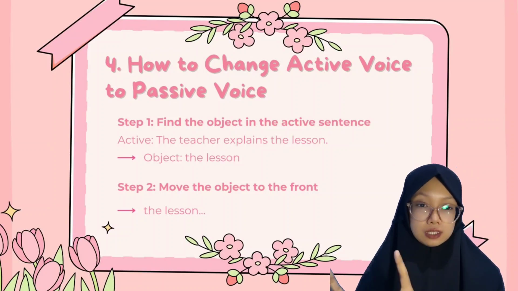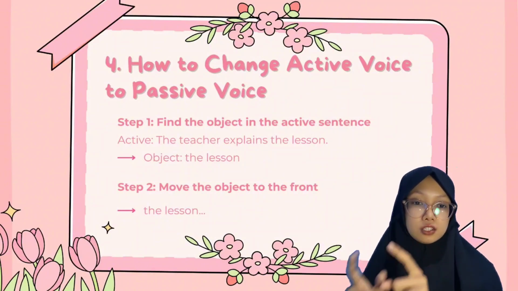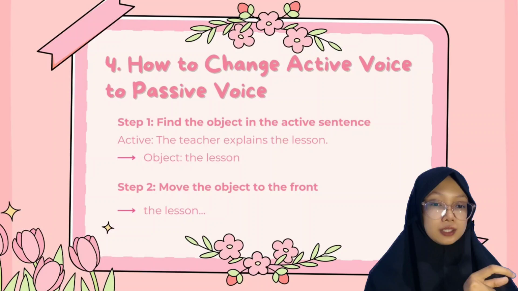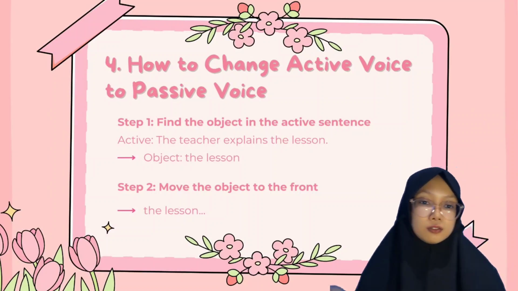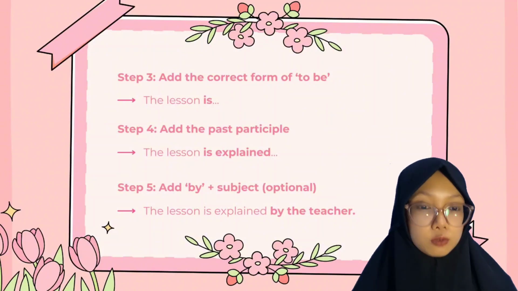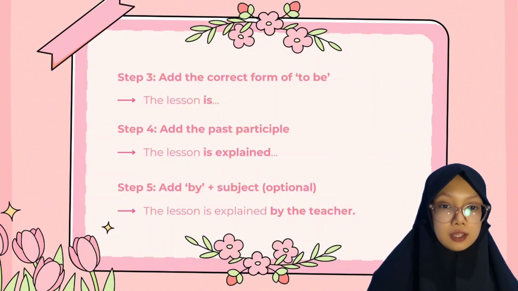Okay, and then step 2, move the object to the front of the sentence. So we change from the teacher explains the lesson, we put the lesson in front. Okay, and then step 3, add the correct form of to be.